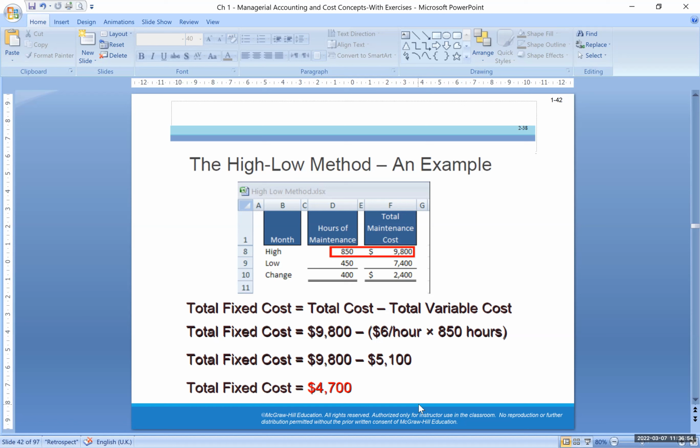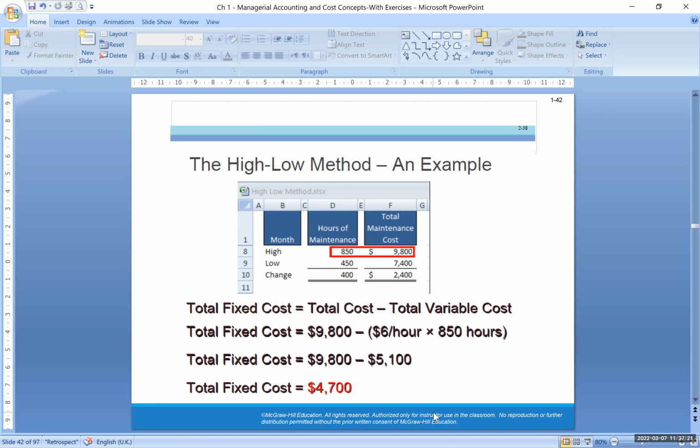If we move the total variable cost to the other side, then the fixed cost will be equal to 9,800 minus 5,100. This equals $4,700. Now we have calculated all the components for the equation. The total cost will be 9,800.